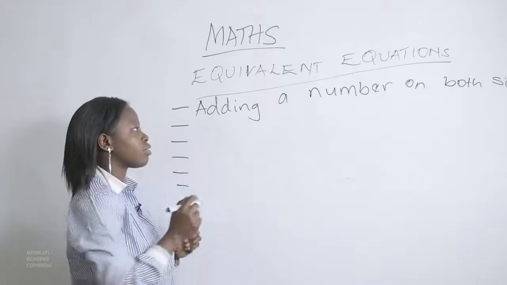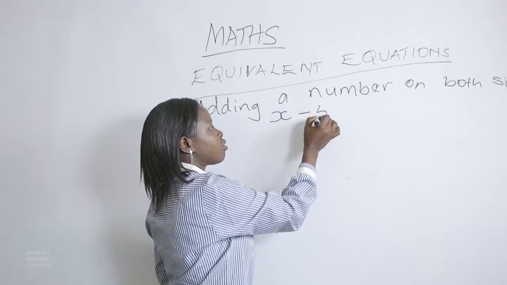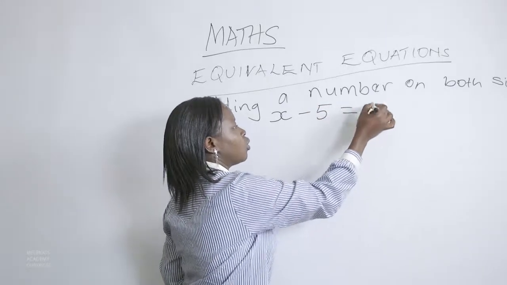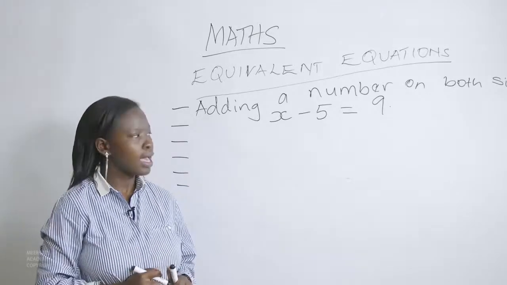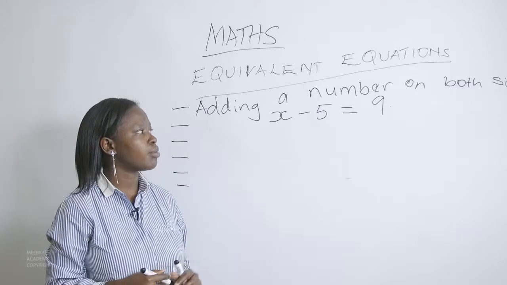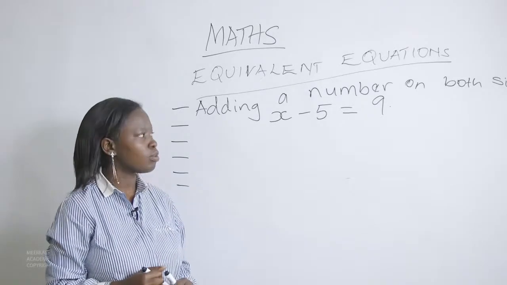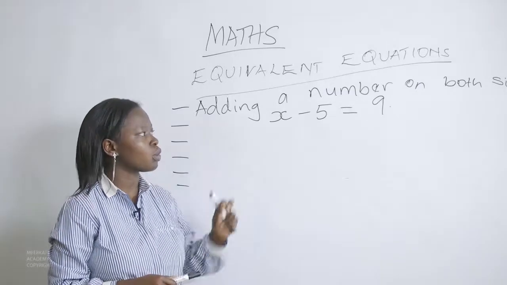So we are saying this: if I'm having an equation like x minus 5 is equal to 9, then I add a number on both sides. If I'm going to add a number on the two sides that will make the equation to be equal, then this equation will be equivalent.